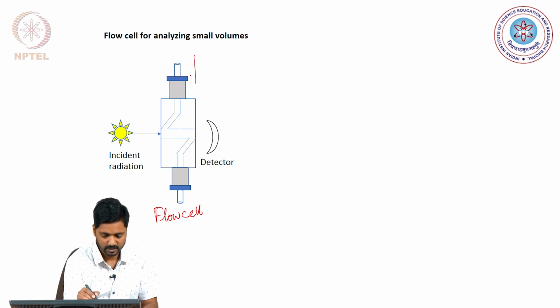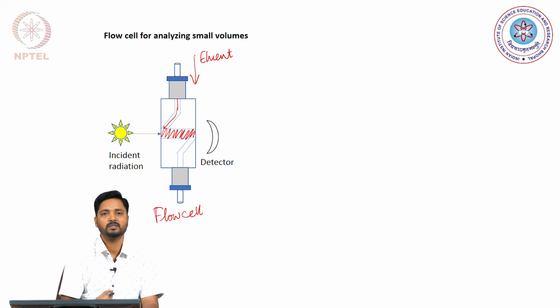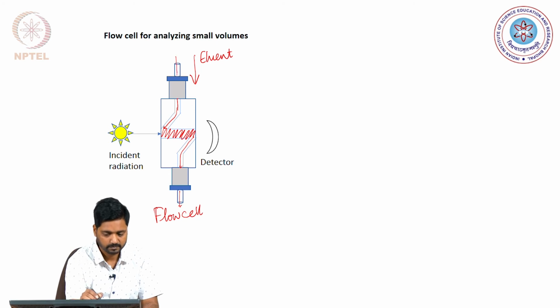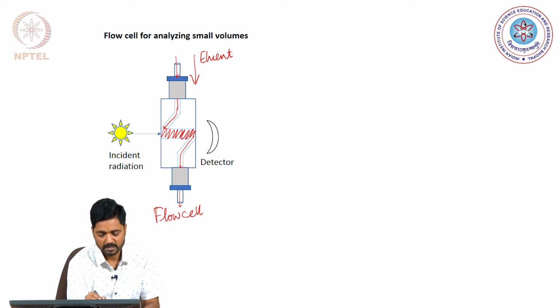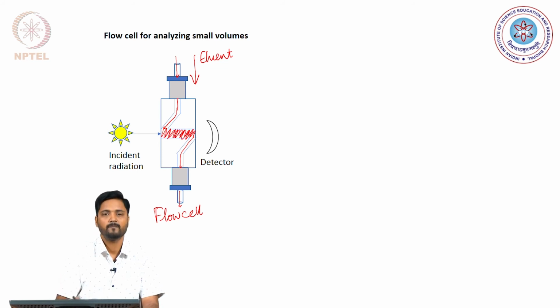So, we have the eluent coming in from the top, it moves through this compartment and goes through here and finally fills up this region, and after filling up it comes out of the flow cell. So, because this region is now full of the eluent, it can be used to detect the presence of analyte.